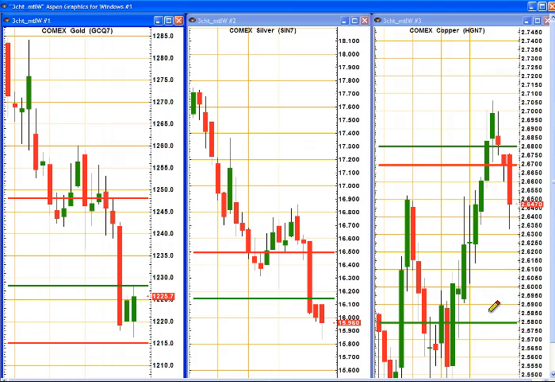A 1 cent move here is $250. Now the size of this move was 9 cents. So 9 times 250 is $2,250 a contract. And I look for continued movement to the downside, but Thursday an inside type day for that market.